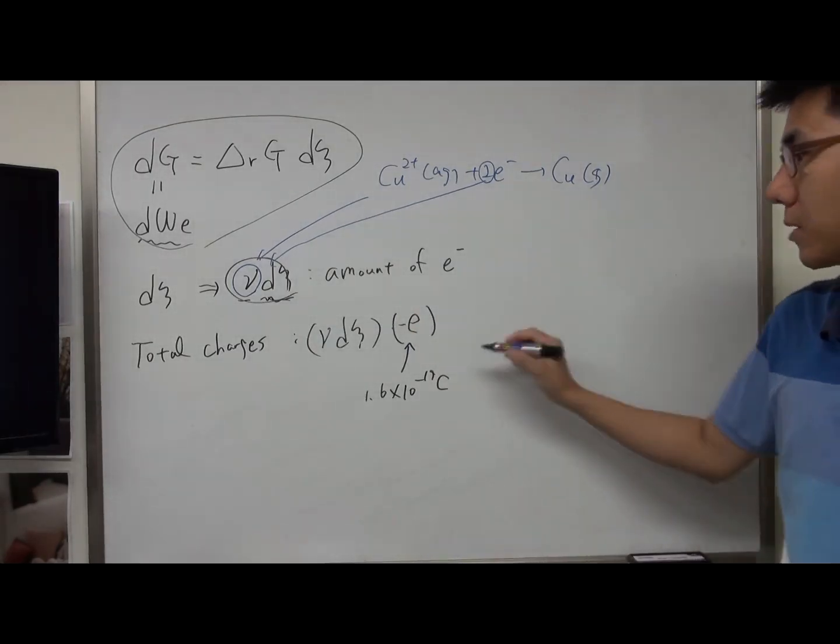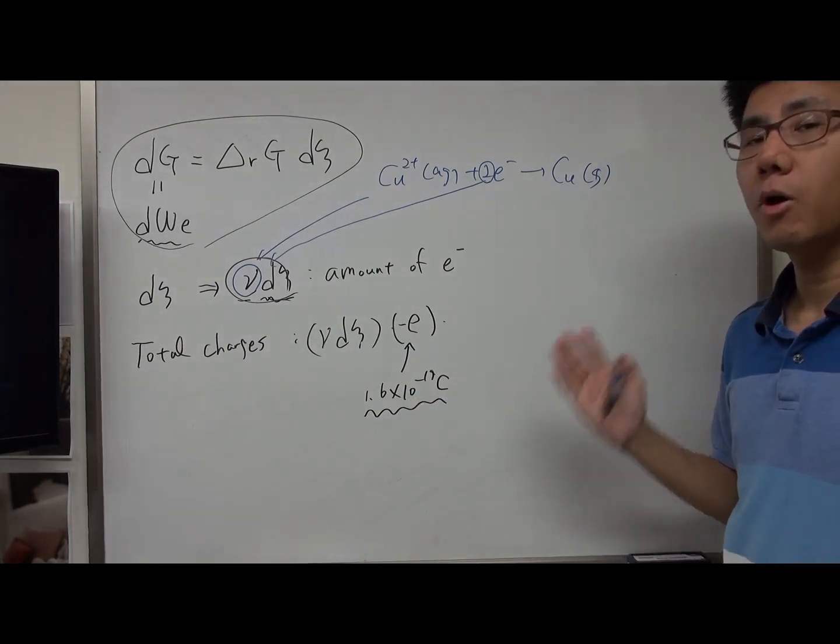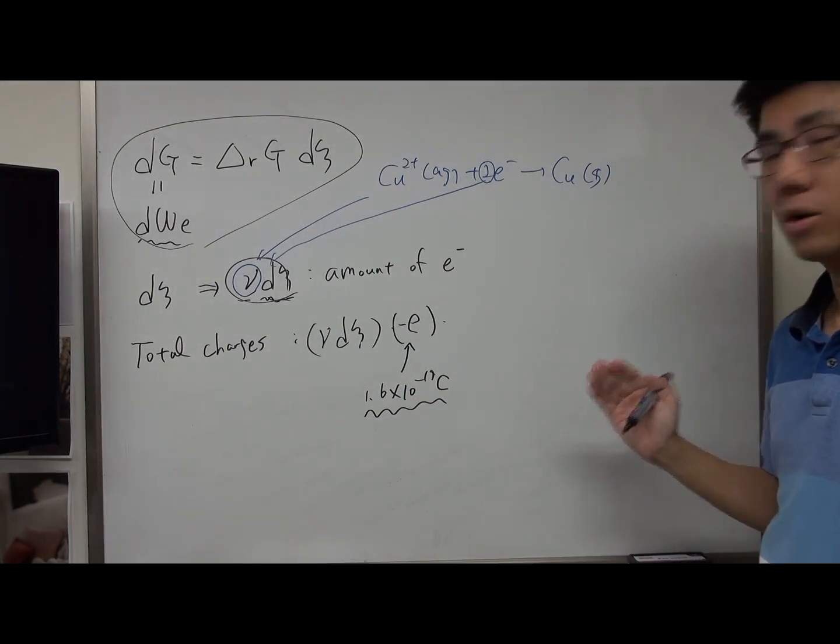This is for one electron. Then how about per mole?